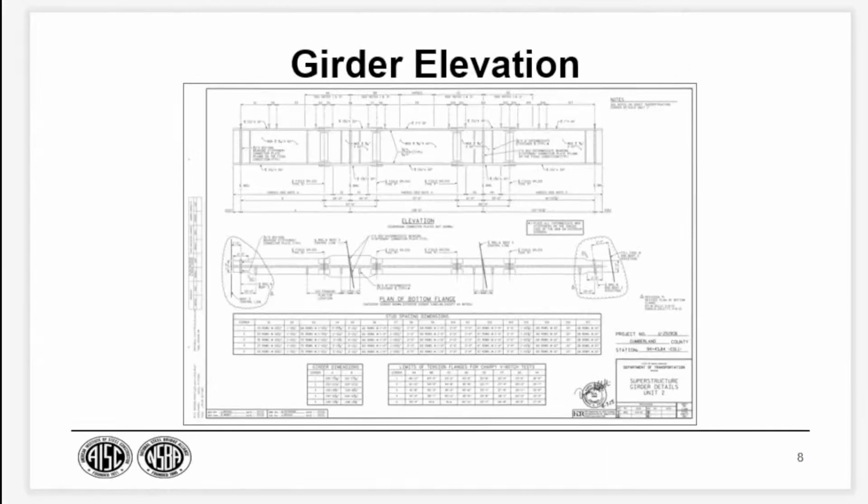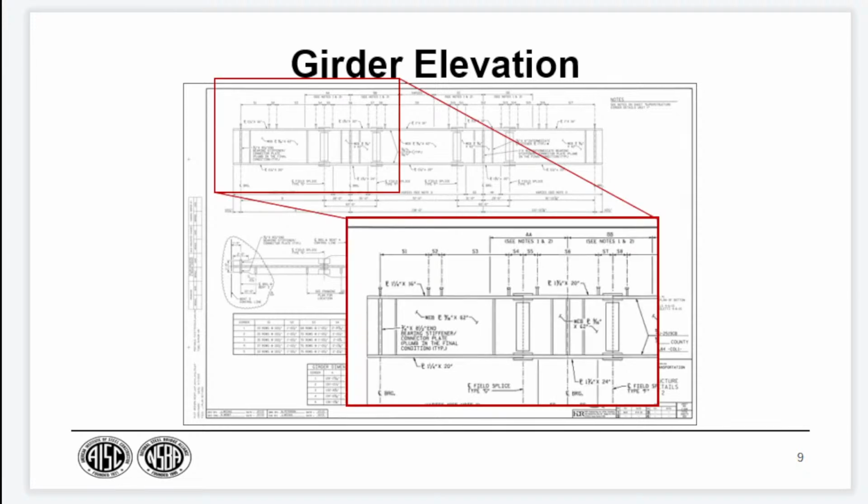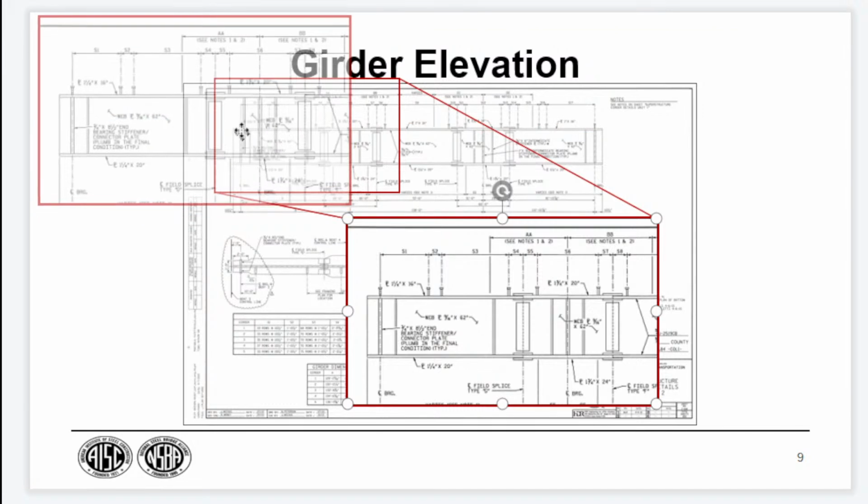So again, plan and elevation is number 1, typical section is number 2, framing plan is number 3. Let's go to number 4, girder elevation. Let's start here. Let's make it a lot bigger.